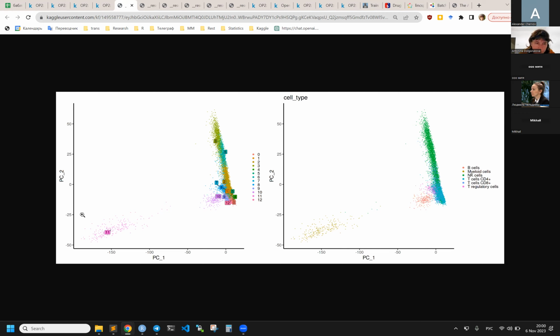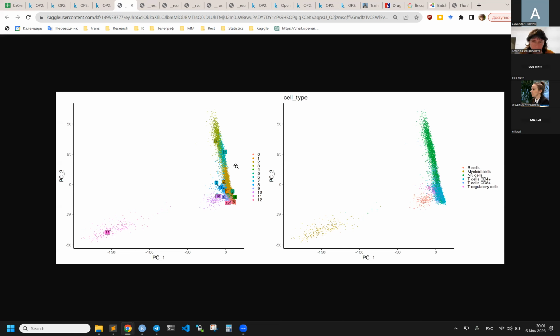So cluster analysis differentiated this cluster 11 from myeloid cells, and here it is indeed one cell type, only one in this cluster. But if you look at NK cells here, there are 3 different clusters. So these NK cells consist of highly variable genes, which form 3 different clusters by their reaction to drugs.